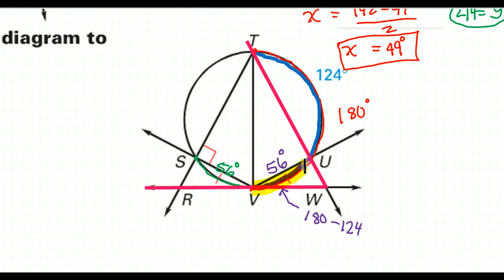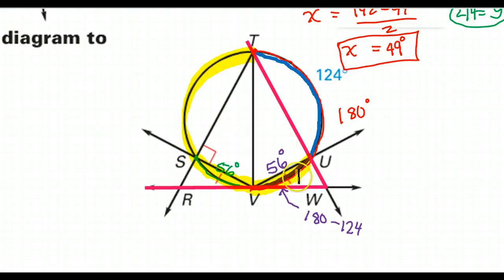I'm just going to highlight it. That's the small arc. The big arc is going to go from here all the way around like this, through here, then back to there. That's the big arc and the small arc.